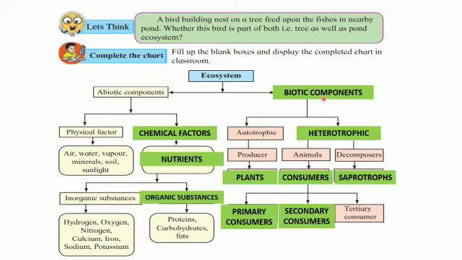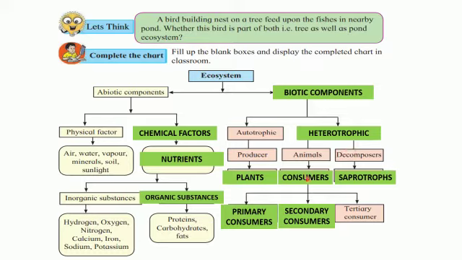Coming to the biotic components, we classify them into two categories, that is autotrophic, those which can prepare their own food, and heterotrophic, those which cannot prepare their own food and have to be dependent upon others for their food. So under autotrophic we have producers, that is plants, and under heterotrophic we have animals and decomposers.